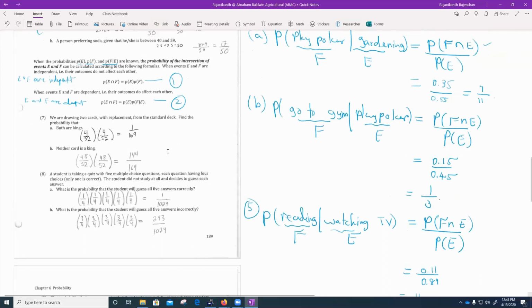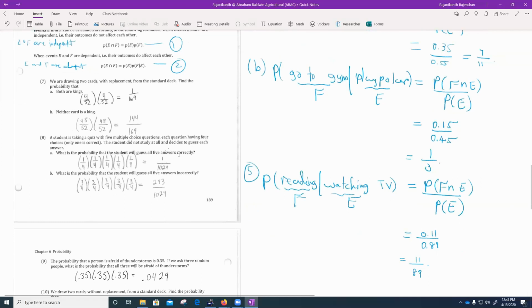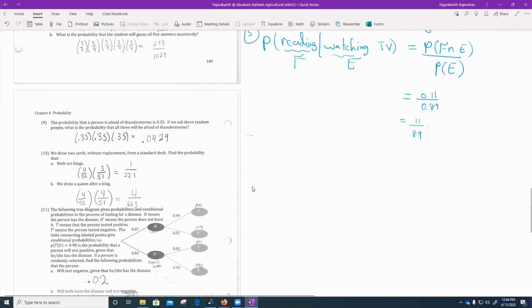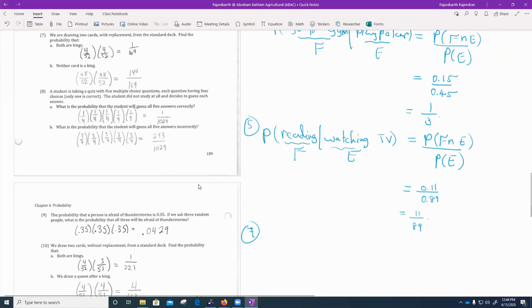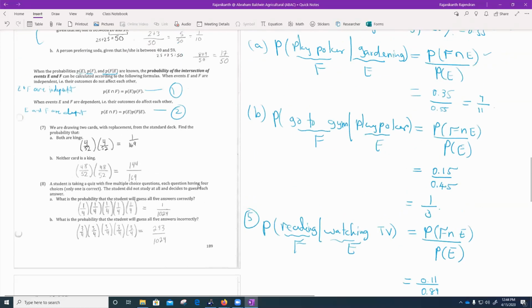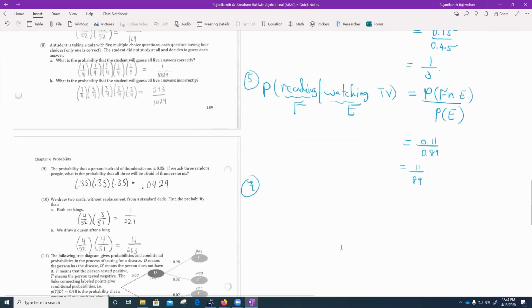So let's look at these problems now. Okay, number 7. We are drawing two cards with replacement from a standard deck. Find the probability that both are kings. Let me explain one thing. Here you are drawing two cards with replacement.